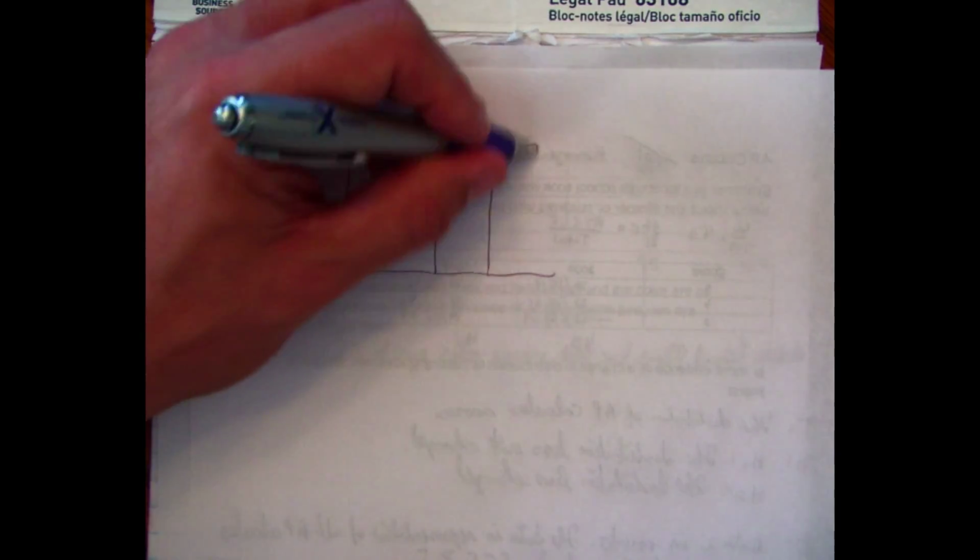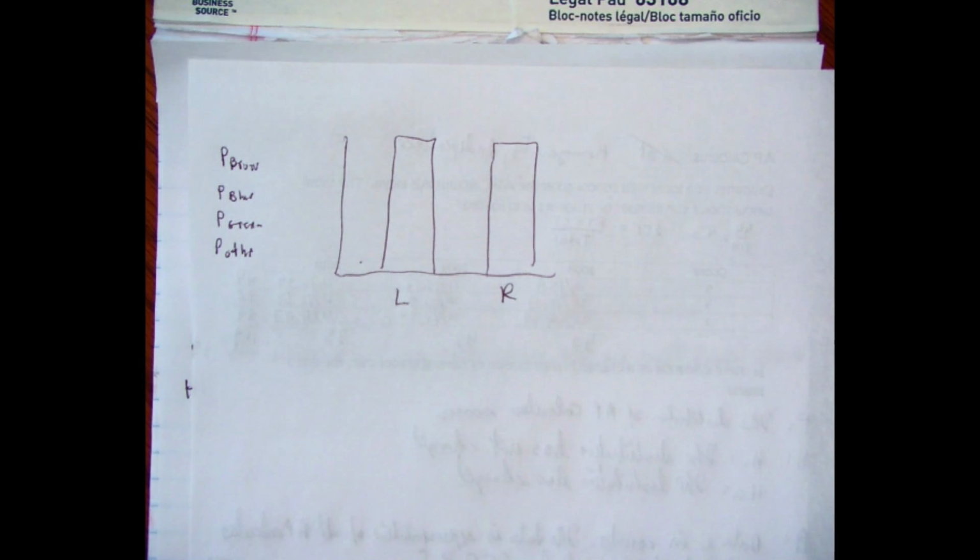Now we would be comparing left and right-handed people, right? So if we made two segmented bar charts, one for left-handed people and one for right-handed people, and we put them into percentages, our null hypothesis would be that these proportions, so the proportion of brown eyes for left-handed people, equals the proportion of brown eyes for right-handed people. That would be our null, right?